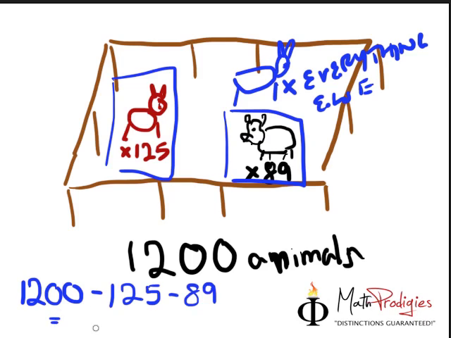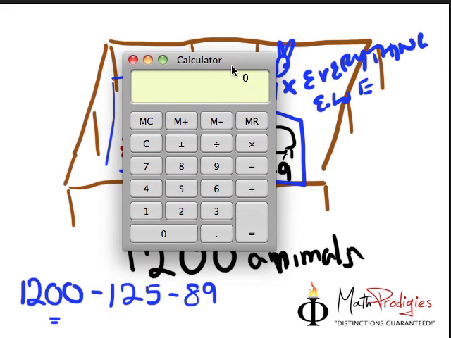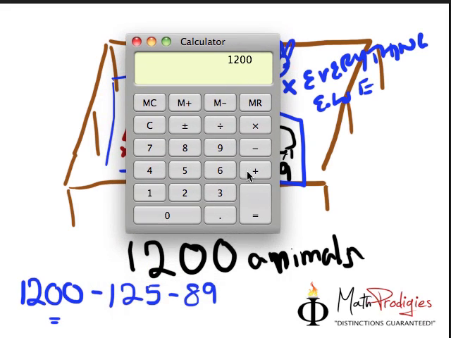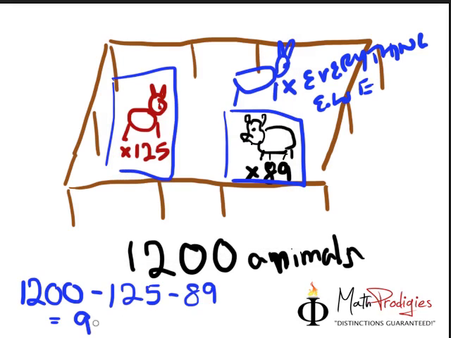Bam! Now the rest, everything else, are the goats. So let's take out our handy dandy calculator. 1,200 minus 125 minus 89, and you will get the answer of 986. So that is the number of goats.